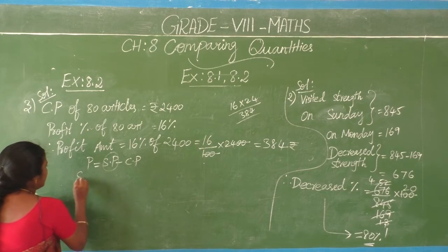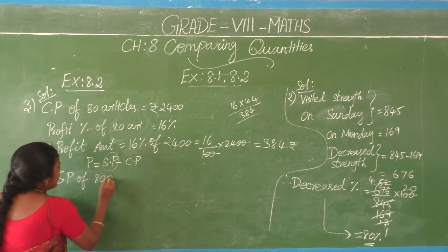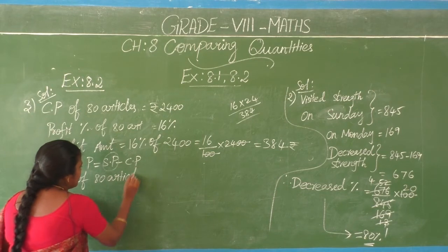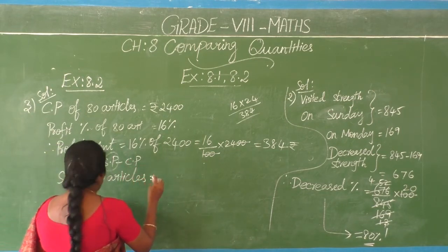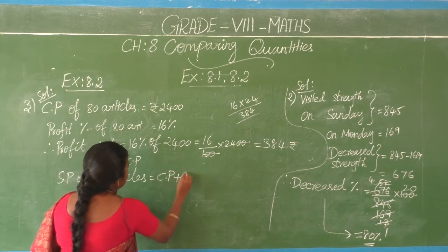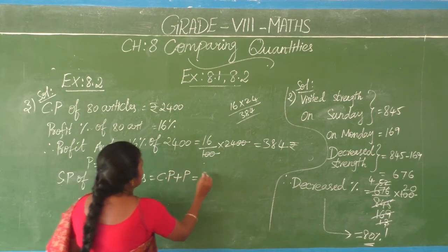So SP of 80 articles is equal to CP plus profit. CP is 2400, no?